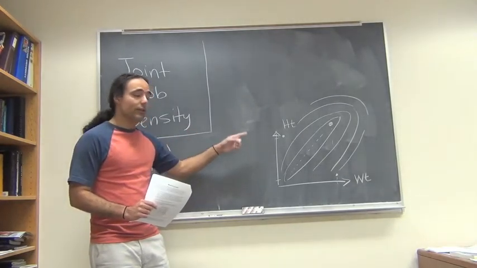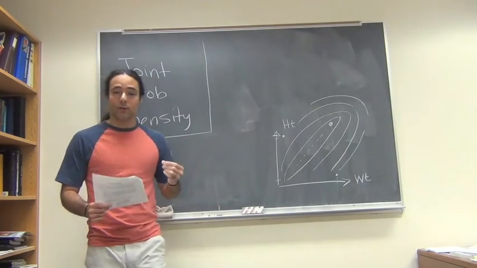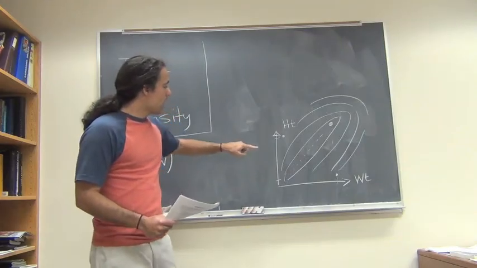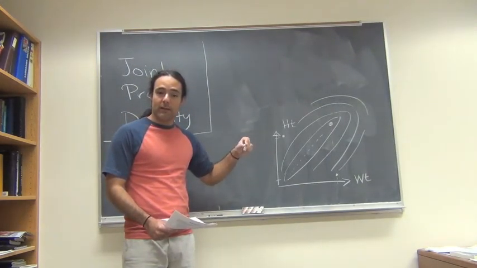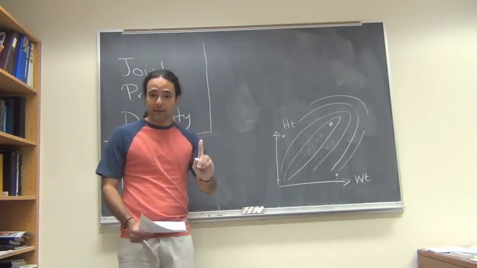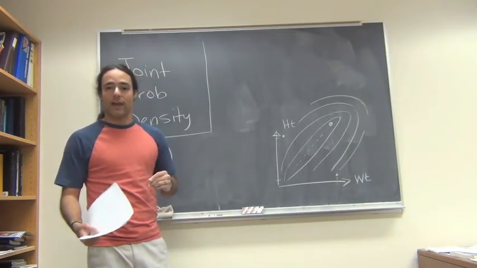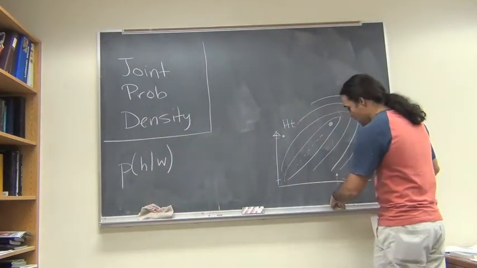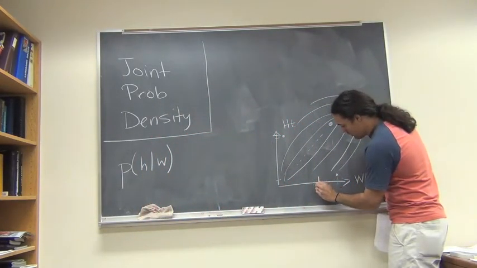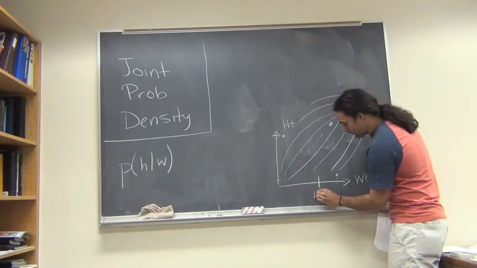Again, sticking with our height and weight probability analogy, let's see what happens if I want to know the probability of having a certain height, given that we know a person has a certain weight. So suppose I know a person has a weight of 150 pounds.